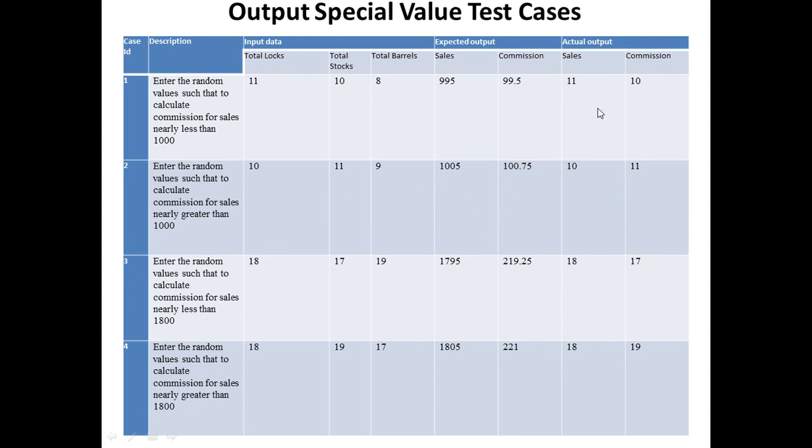Again, you need to see sales which is less than 1000, sales which is greater than 1000, sales which is less than 1800 and sales which is greater than 1800. So this is what we have to calculate for the commission problem, the different special test cases.